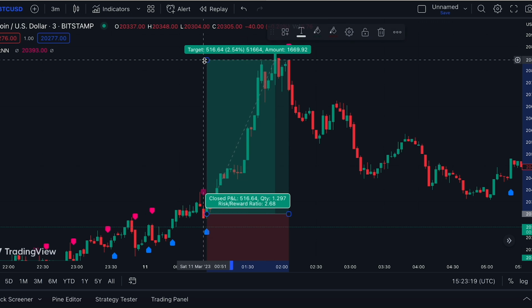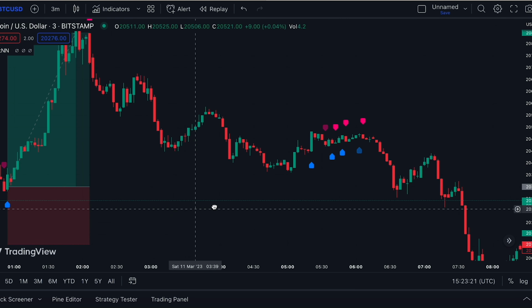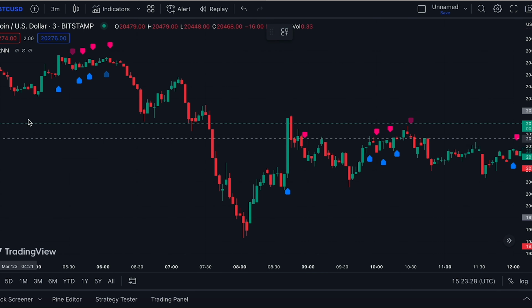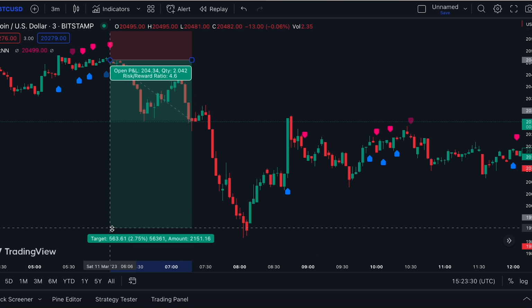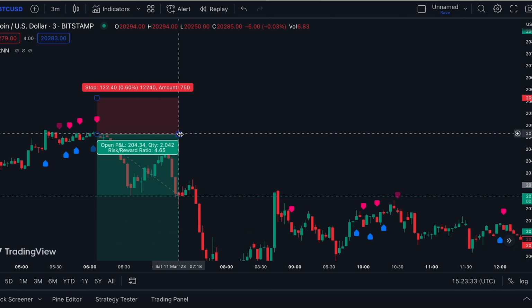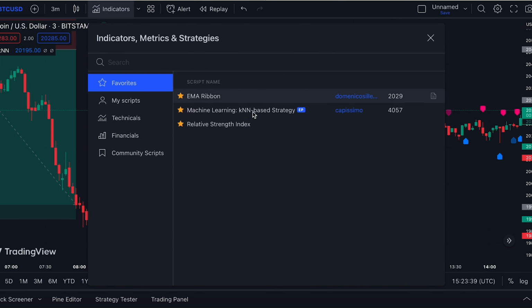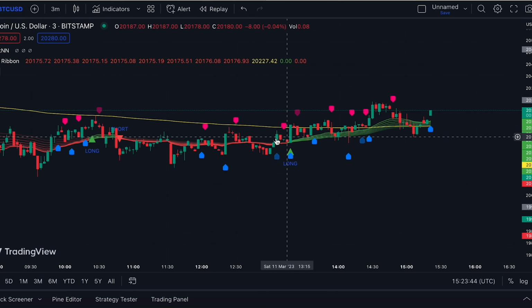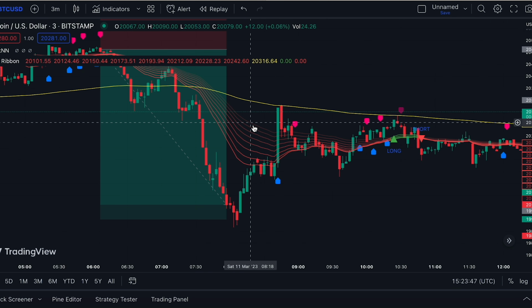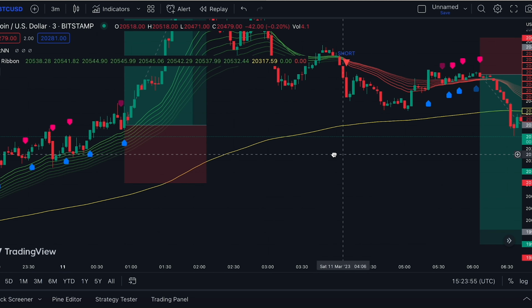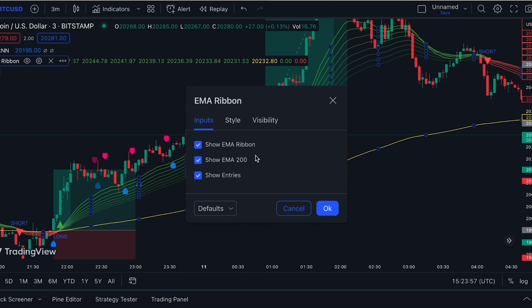Using a machine learning KNN-based trading technique has several advantages. Better accuracy: traders can produce more accurate predictions about future price movements by analyzing vast amounts of historical data and spotting patterns that might not be immediately obvious to human observers. Speedier processing: trading signals generated by KNN-based strategies can be generated in real time, allowing traders to react rapidly to new opportunities. Decreased human prejudice: traders can be affected by emotions, biases, and other factors that can cloud their judgment, whereas KNN-based strategies are not subject to these same biases and can produce more objective trading signals.